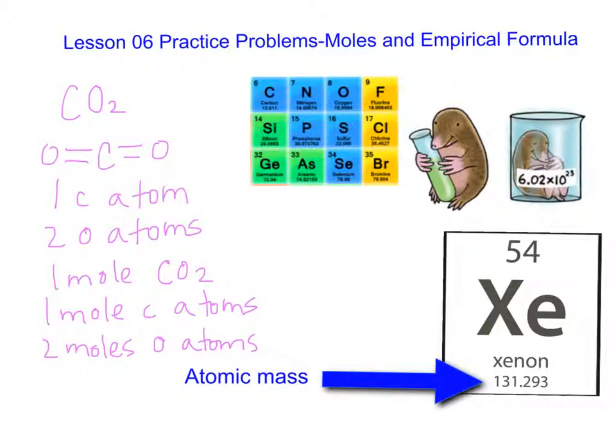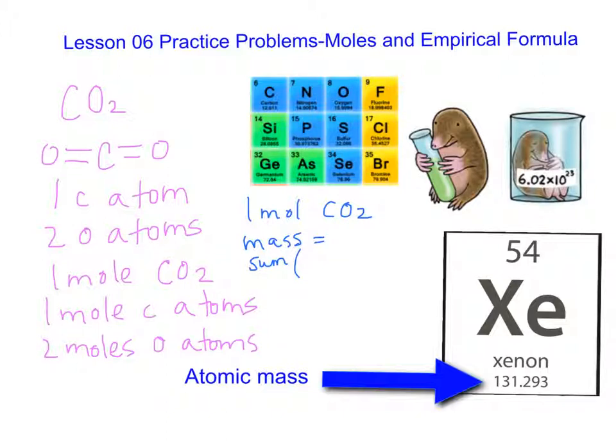So if we wanted to determine the mass of 1 mole of CO2, the mass would simply be the sum of the atomic mass of 1 carbon atom and 2 oxygen atoms.